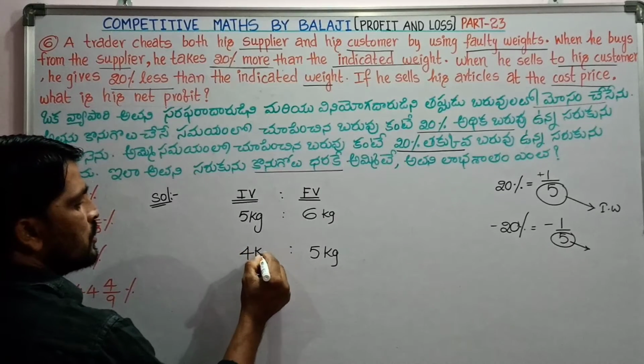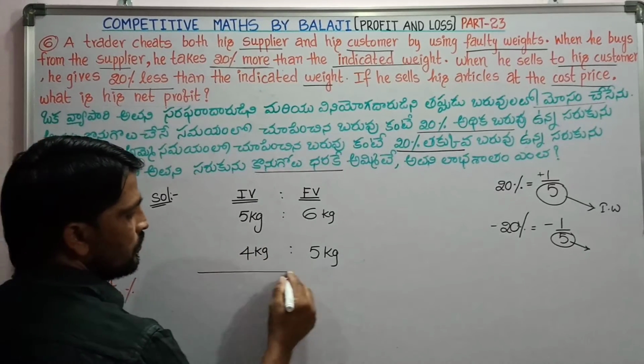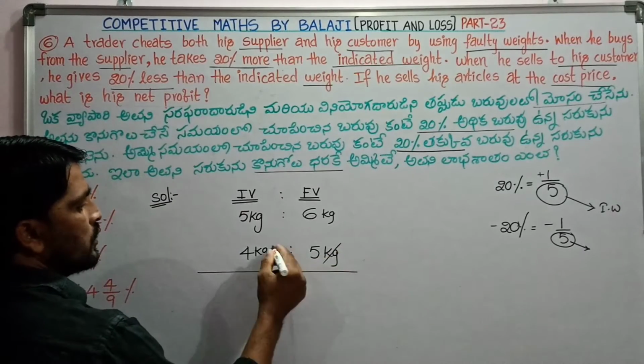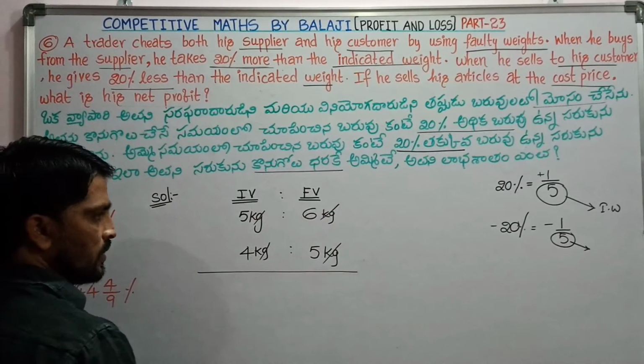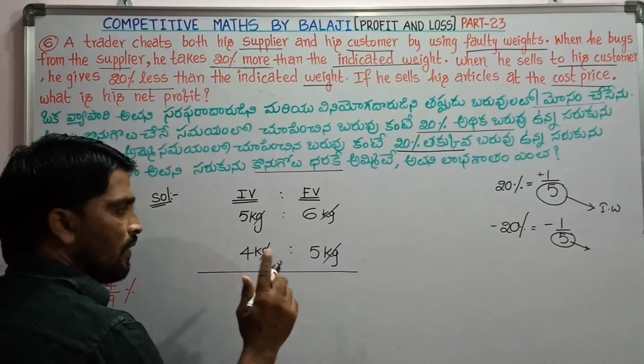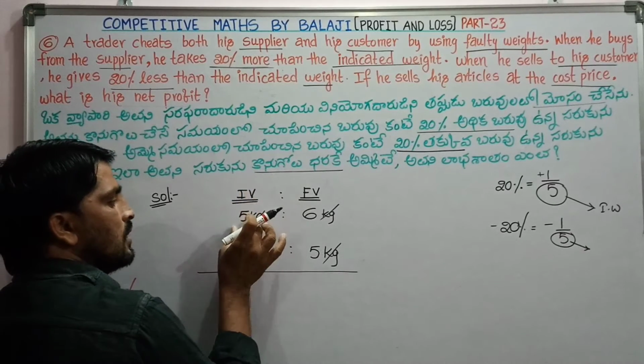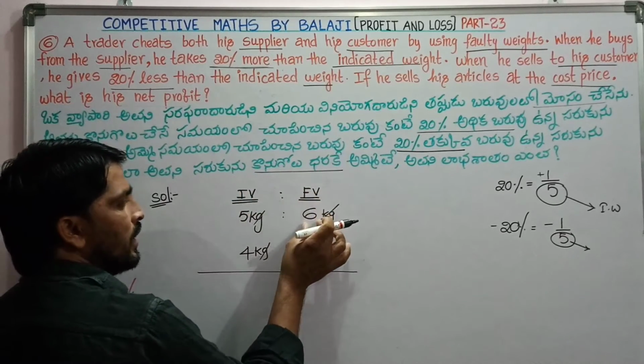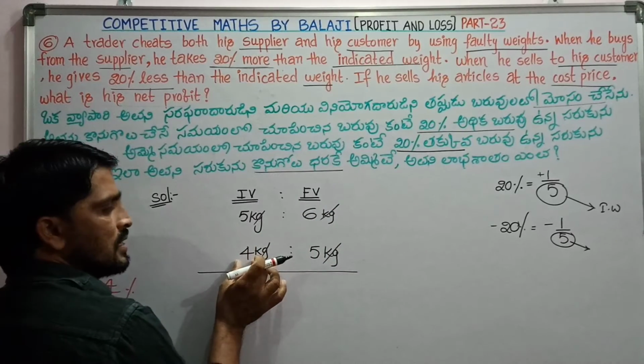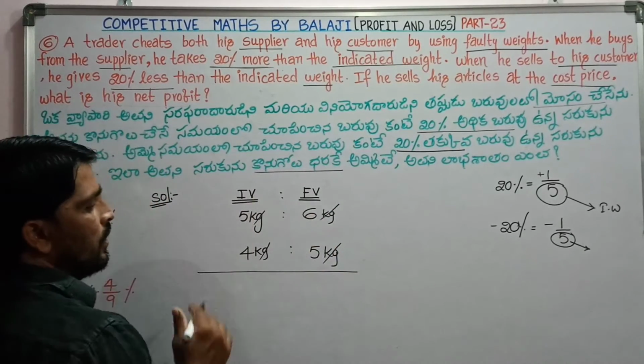That is 1 kg of goods less. We always take the initial value as the lesser value and the final value as the greater value.